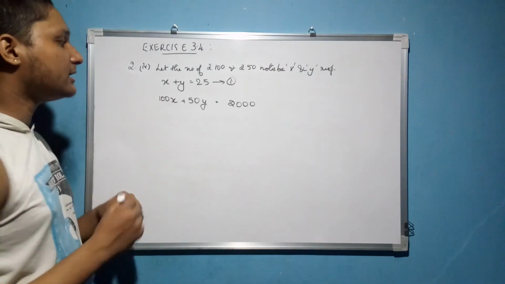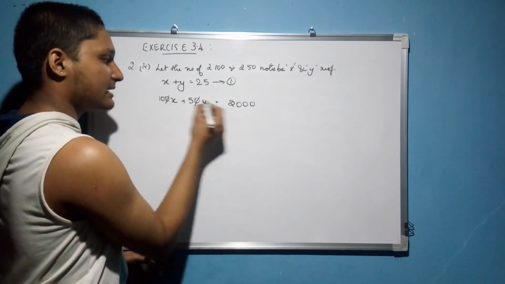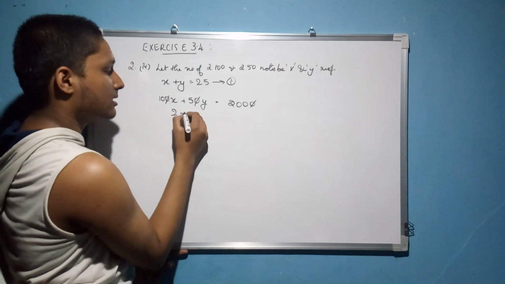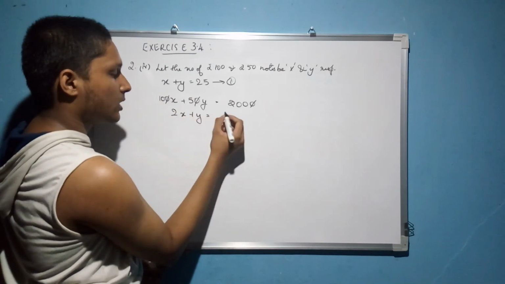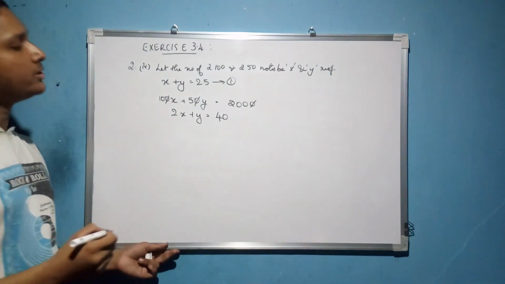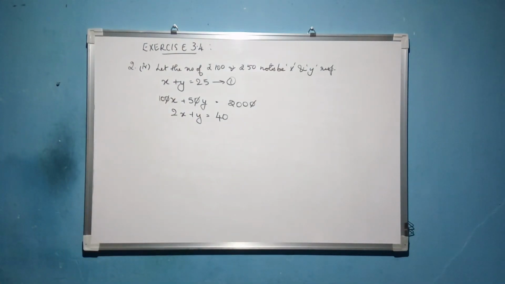Here 1 0 I can cancel off, 1 5 also I can cancel off. This comes to be 2x plus y is equal to 40.